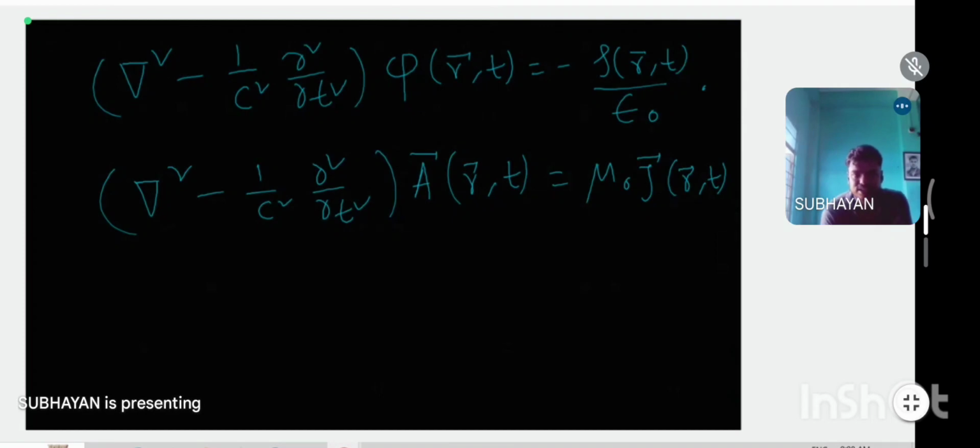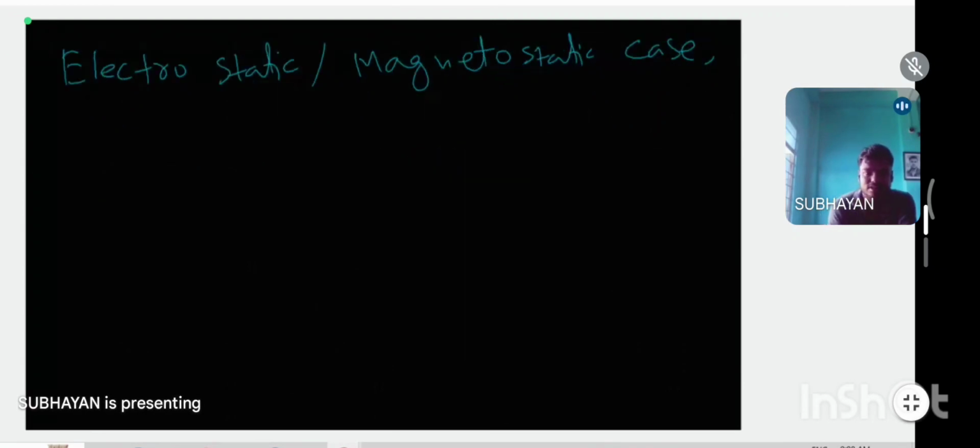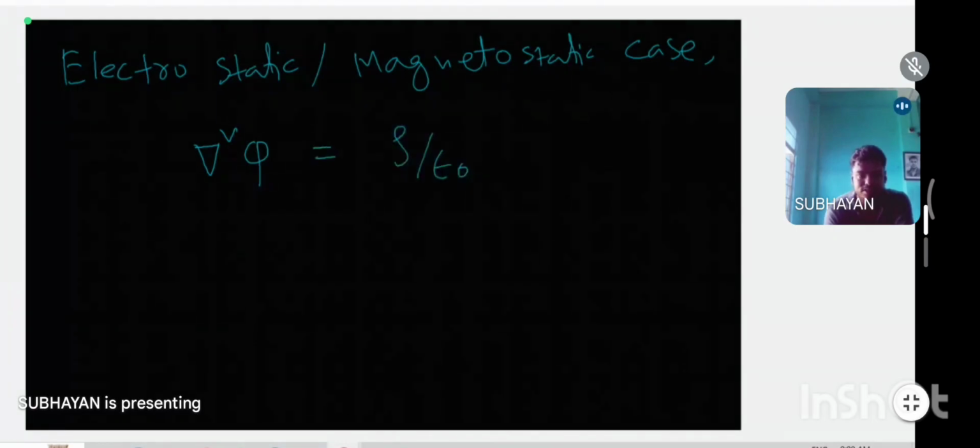In the electrostatic case, this inhomogeneous wave equation of phi will lead to the normal Poisson equation, which is grad square phi is equal to minus rho by epsilon naught.